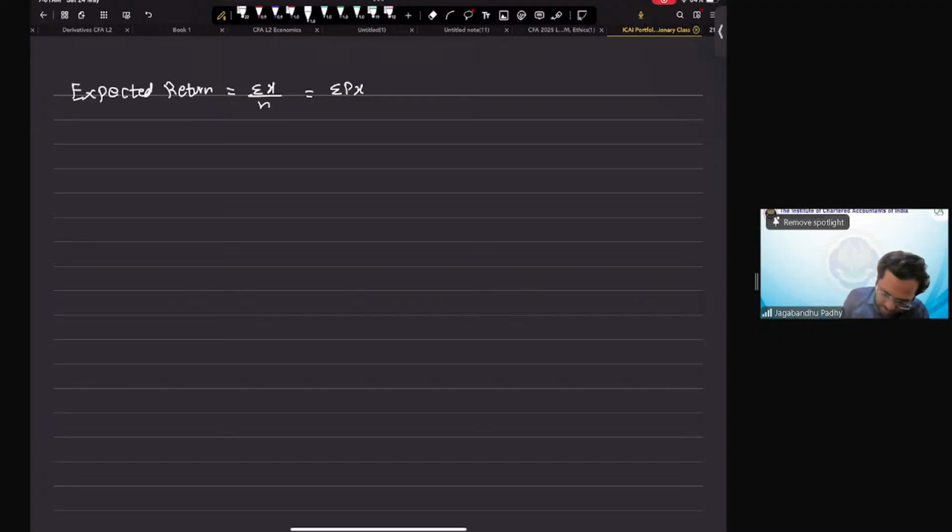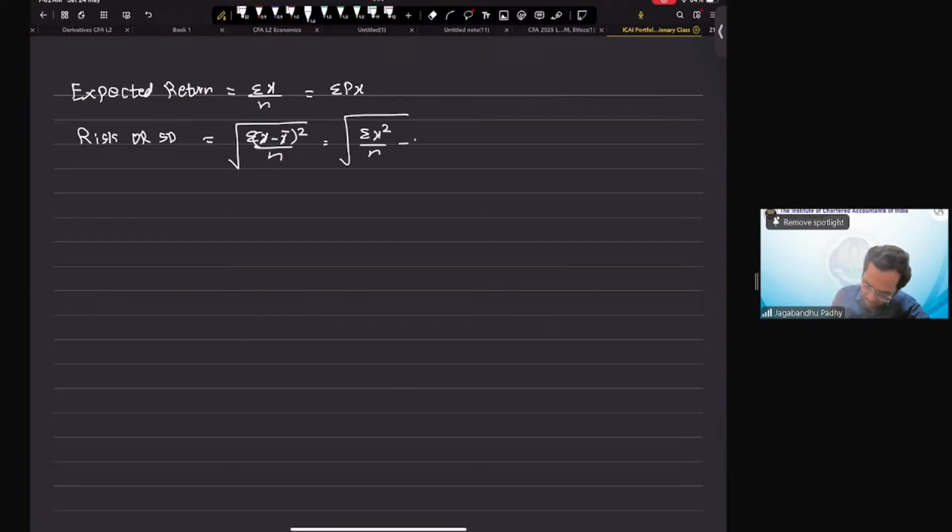Then risk or standard deviation is going to be square root of summation x minus x bar square upon n, or the alternate formula for this was root of summation x square upon n minus x bar square.